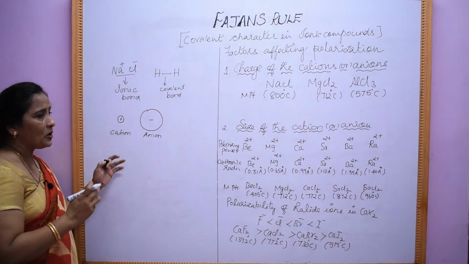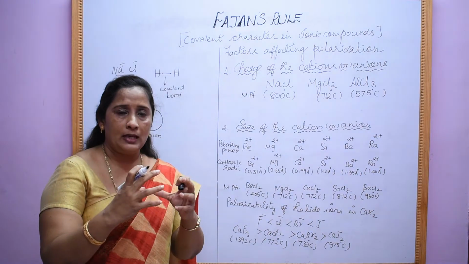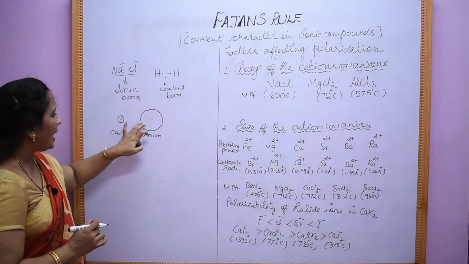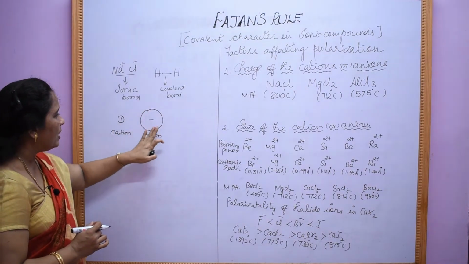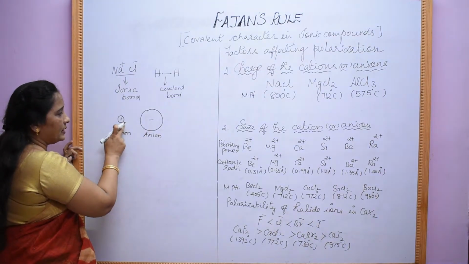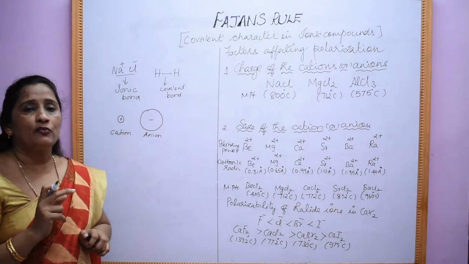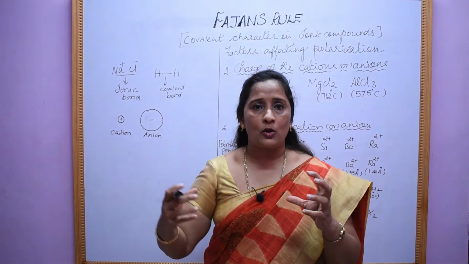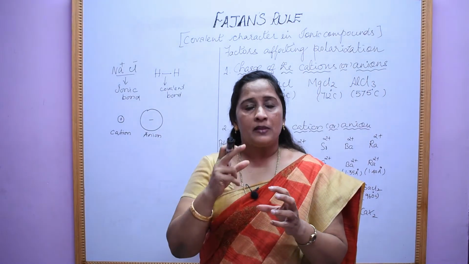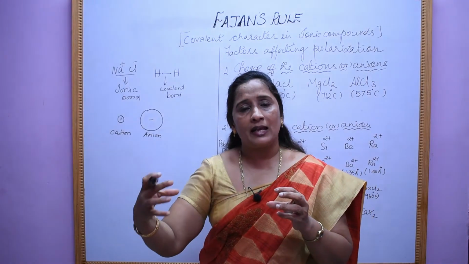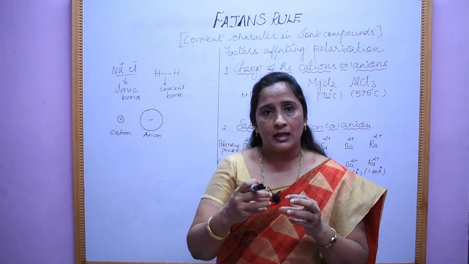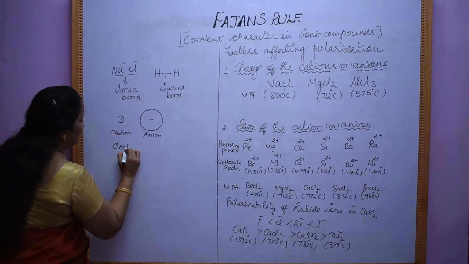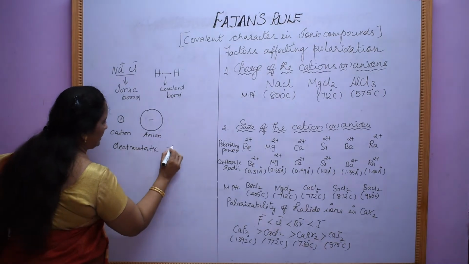Suppose the cation and anion approach closely. The net positive charge of the cation attracts the electron cloud of the anion towards itself due to the electrostatic force of attraction existing between them.